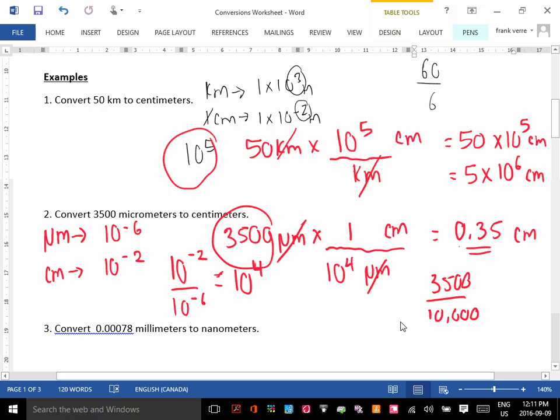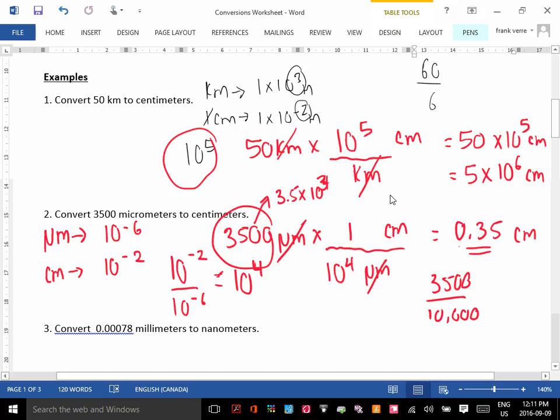We can do it that way, or you can convert this number to an exponent. With your calculator, you could probably just put 3,500 divided by 10 to the 4. I think your calculator will allow you to do that, right? So you might not even have to convert it.